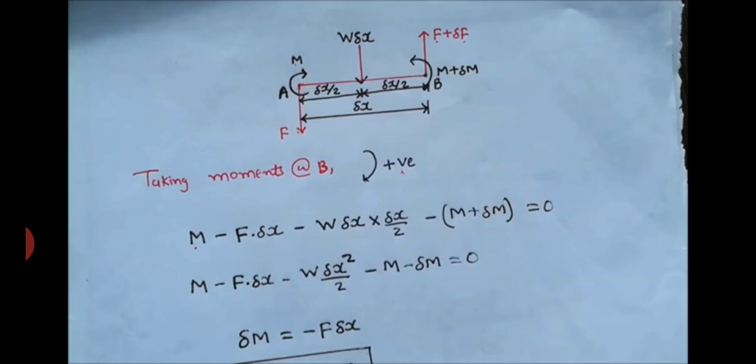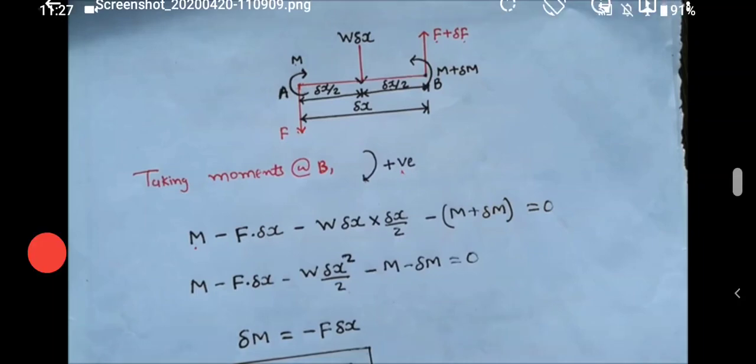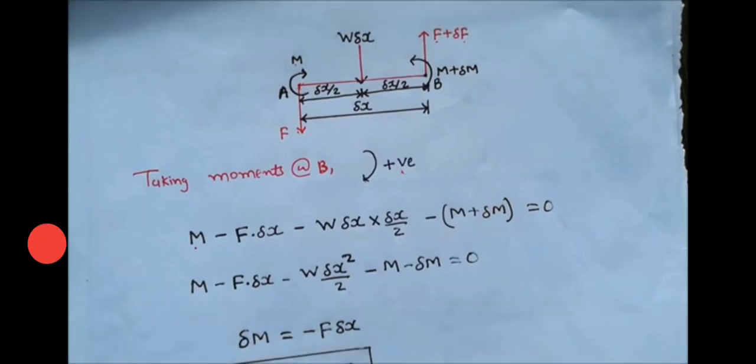So starting from the left, that is capital M clockwise, then minus F into delta X, because F is the downward force and it will give an anti-clockwise moment at B. Then plus W delta X into delta X by 2, minus M plus delta M equal to 0. By solving this equation you will get delta M is equal to minus F delta X.